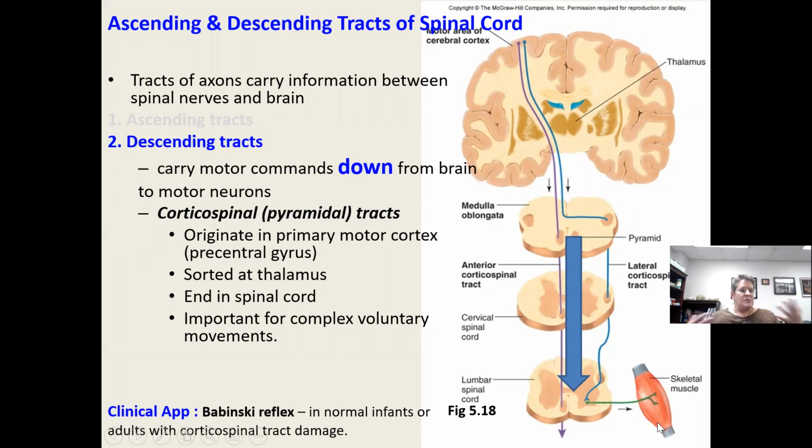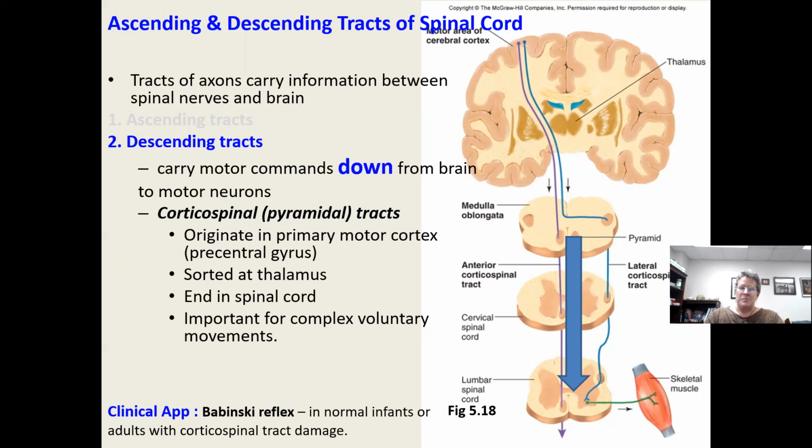Now, what is the importance of these for nurses? Well, you do common tests of people's spinal cord tracts and how information is getting through the spinal cord. A simple test that every nurse or doctor will do when a baby is born is called the Babinski reflex.